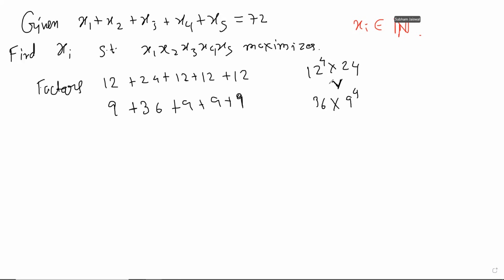But here the power being bigger, yes, you are right in some sense. Okay. But did you figure out if this is the best possible answer? 12 to the power 4 times 24. Is this the best?